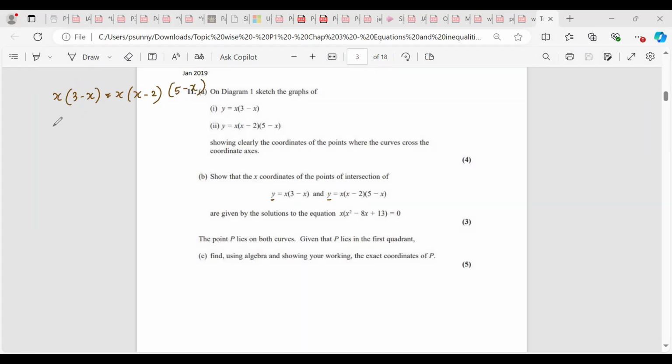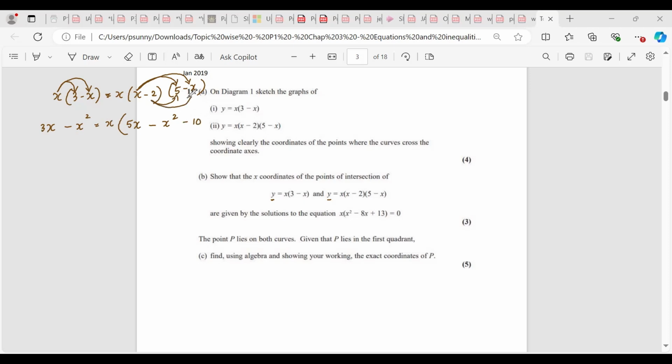x into 3 minus x is x multiplied by 3 will give us 3x minus x multiplied by x will give you x square, is equal to x into x minus 2 into 5 minus x. So that is x multiplied by 5 is 5x, minus x into x is x square, minus 2 into 5 is minus 10.